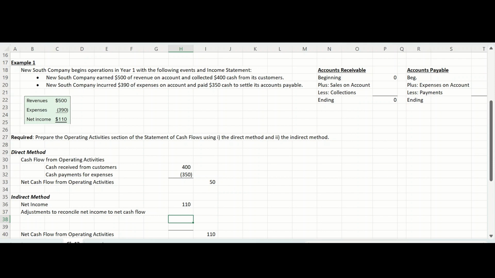So just thinking through the list, I do not see any mention of depreciation expense specifically. I do not see any losses or gains on disposal of assets. However, I do see the company earned revenue on account, which is an accounts receivable or a current asset. The company also incurred $390 of expenses, which is an account payable or a current liability.